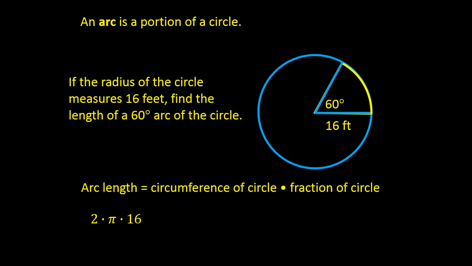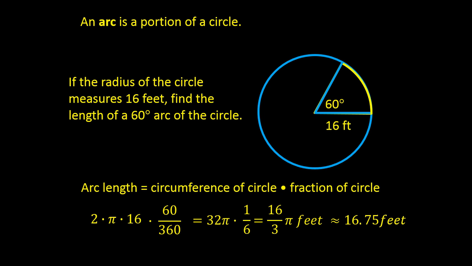We want 60 degrees out of the 360 degrees it would take to rotate around that entire circumference, which means we want 32 pi times 1/6, or 16/3 pi feet, which we could approximate as a decimal by substituting 3.14 for pi and get an approximate 16.75 feet for the length of that arc.